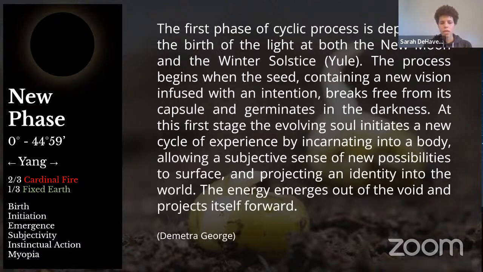At this first stage, the evolving soul initiates a new cycle of experience by incarnating into a body, allowing a subjective sense of new possibilities to surface and projecting an identity into the world. The energy emerges out of the void and projects itself forward.